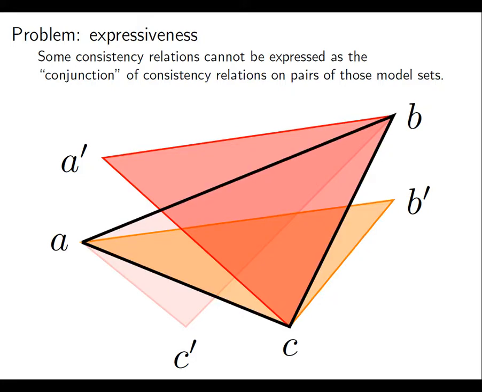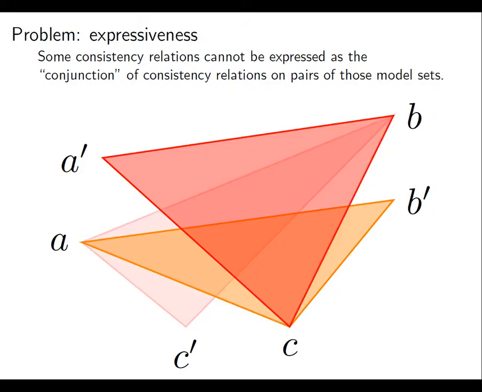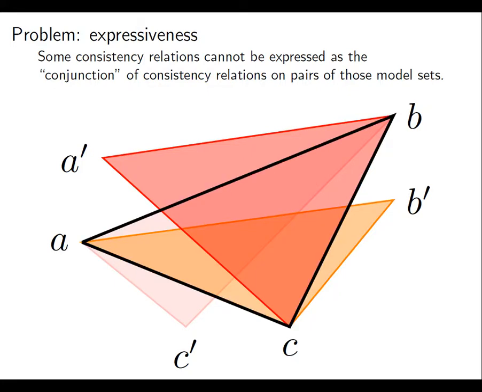It's because we're going to get emergent triangles, however we do that. So in this particular case, if we were given those three triangles that the customer said were all the triples that were consistent, however we construct our binary relations, we're going to be forced to include A and B in the binary relation between the model sets A and the model sets B, because that was an edge of one of the triangles we were given.